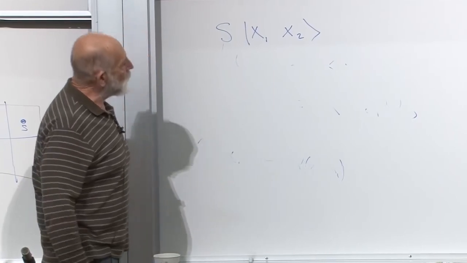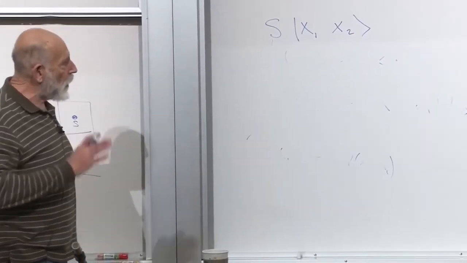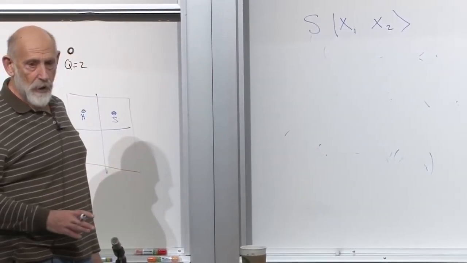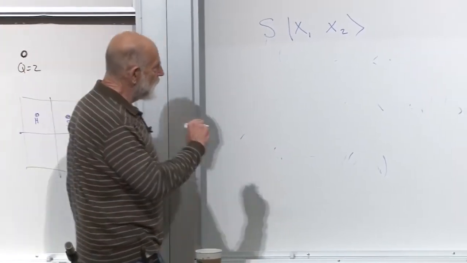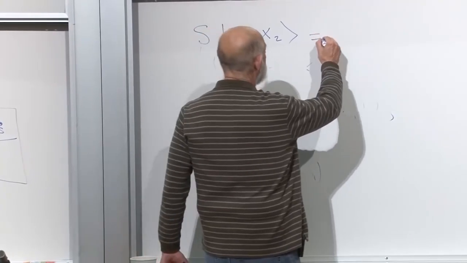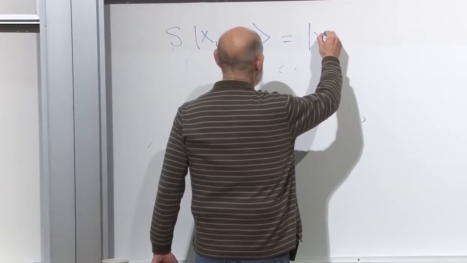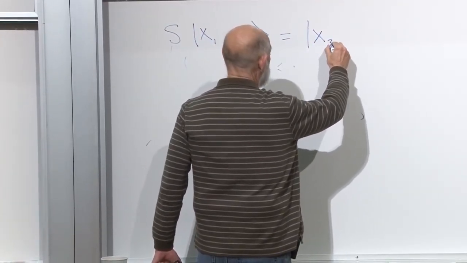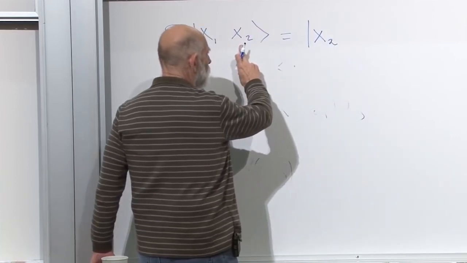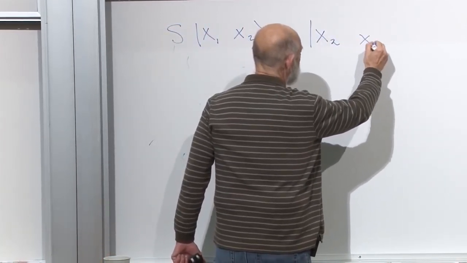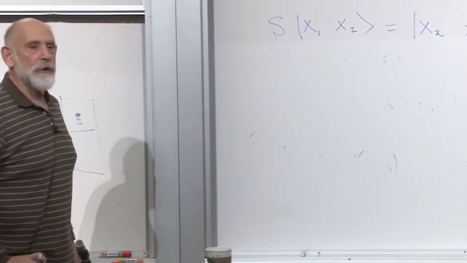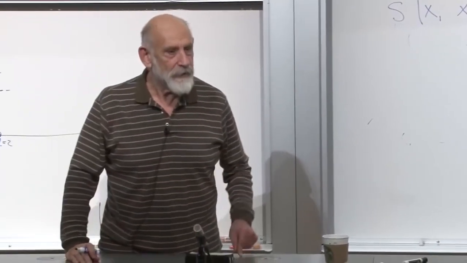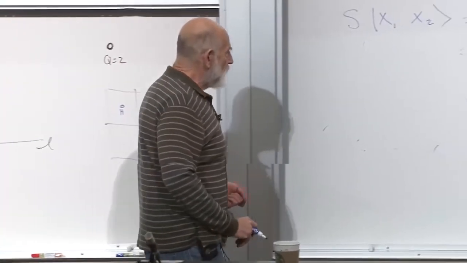What does the swap operation do when it acts on a particle at position 1 and a second particle at position 2? It just swaps them. It gives you particle 1 at position x2 and particle 2 at position x1. If the particles had little names attached to them, this would mean something.